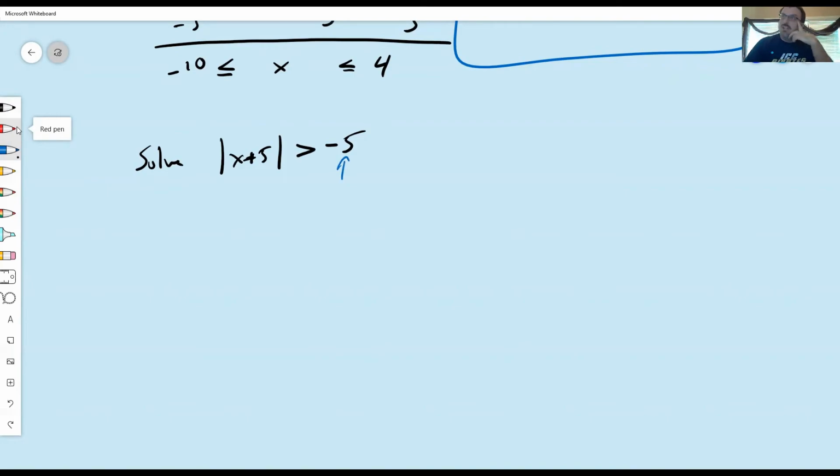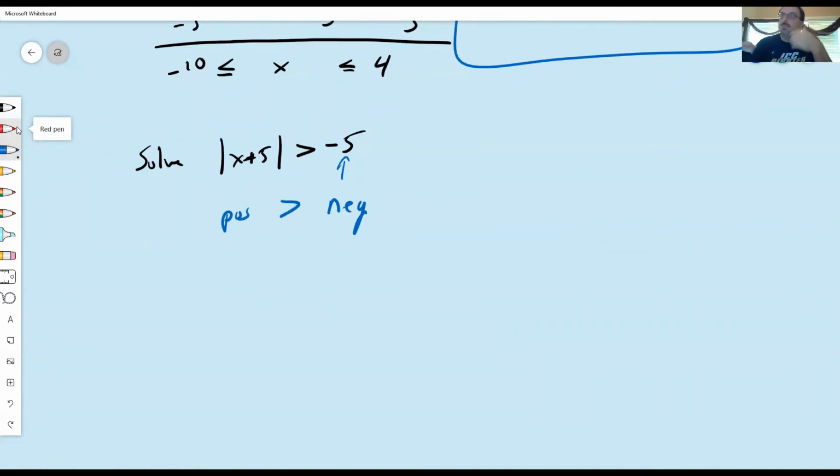Or not equals, greater than an absolute negative number. So when the number is related to absolute value, it kind of depends on whether you have equal to or greater than or less than. So what do we know? Minus 5 is negative. The left side of the equation is absolute value, so it's going to be positive.